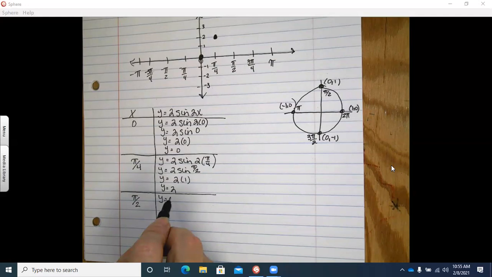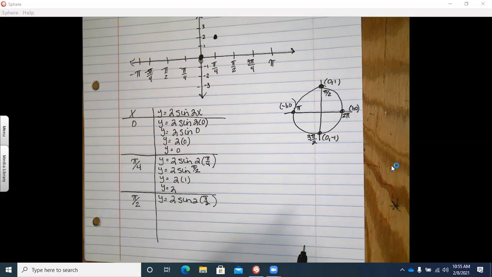My apologies. All right, what is 2 times pi halves? Pi. So 2 times the sine of pi. And what is the sine of pi? 0. So that gives us 2 times 0, which is 0. So when x is pi halves, y is 0. We're back down to the midline.